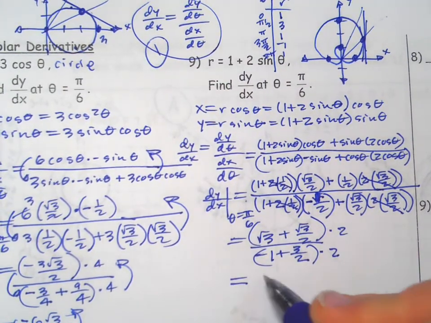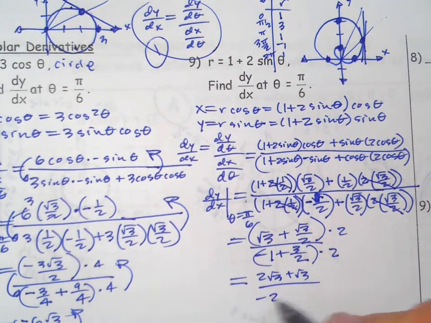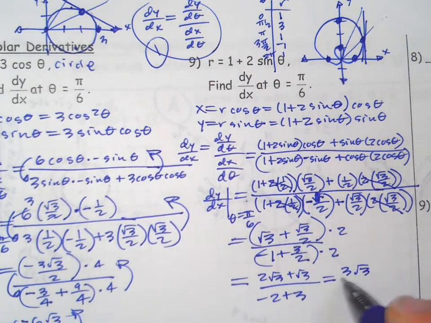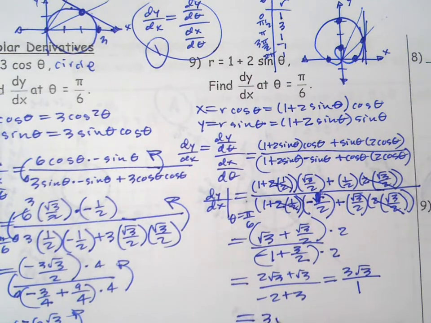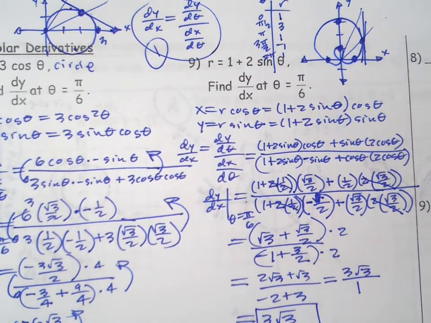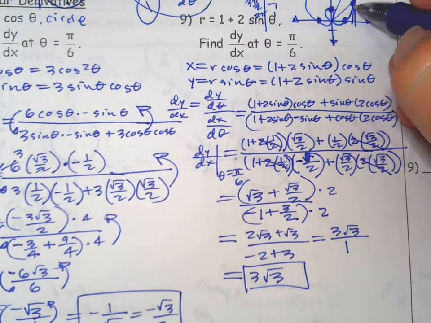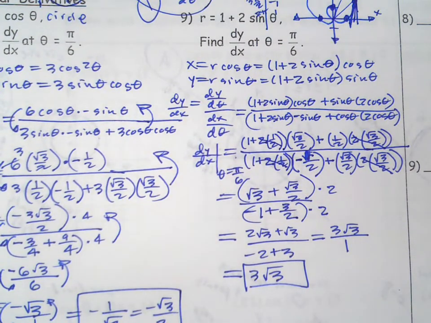And we get 2 root 3 plus root 3 over -2 plus 3 gives you 3 root 3 over 1. So it's going to be 3 root 3. There you go. So it's definitely positive. It's pretty steep. So I guess it's a little more over here to be positive.